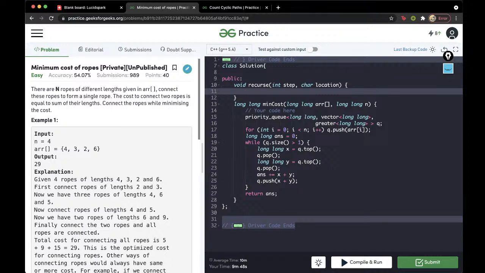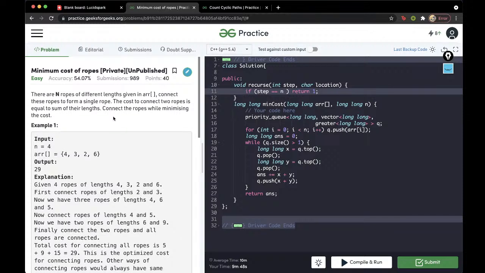If the step is equal to n, you return 1. This is what you do essentially. Oh sorry, this is the wrong question.